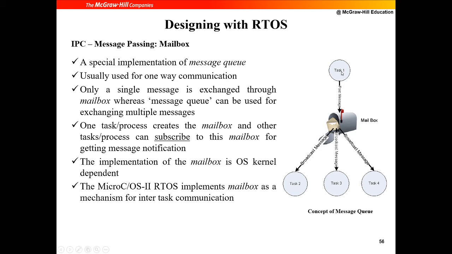Task one will have a named mailbox, and whoever is interested in task one's mailbox will subscribe to it. So tasks 2, 3, 4 will subscribe to this mailbox, and you'll get the message. Similarly, task one can have another mailbox that may not have these tasks but some other task. Similarly, task 2 may have its own mailbox where some other task is interested.